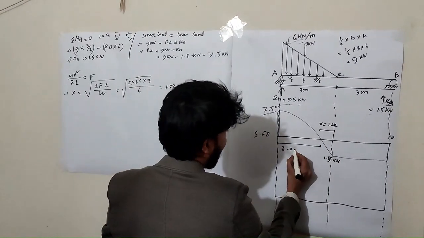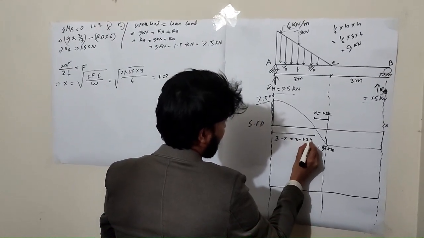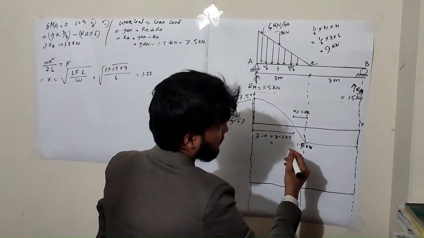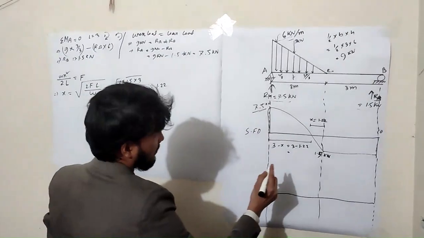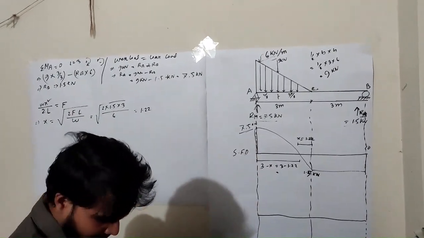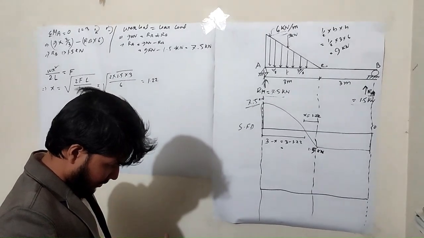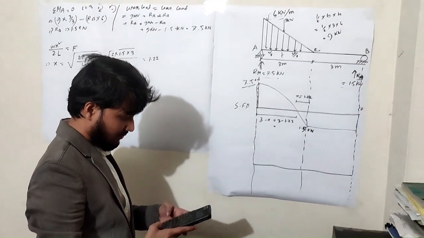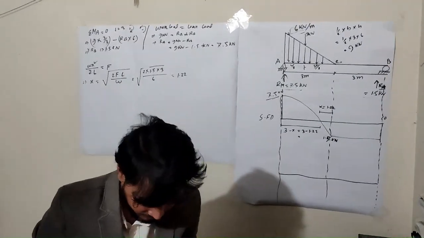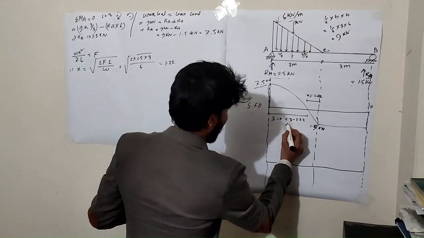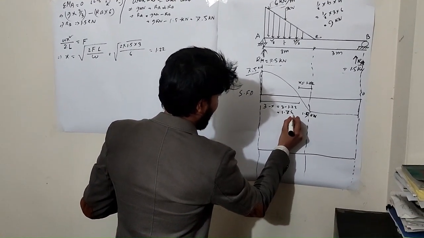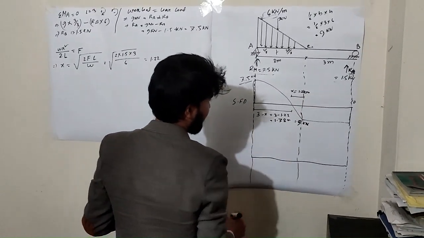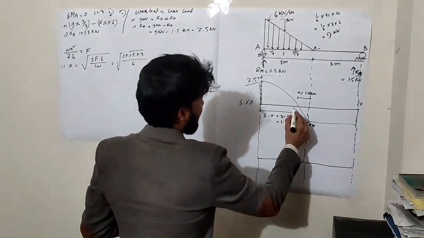So here is 3 minus X, 3 minus 1.22, which is 1.78 meter. So this is the point.